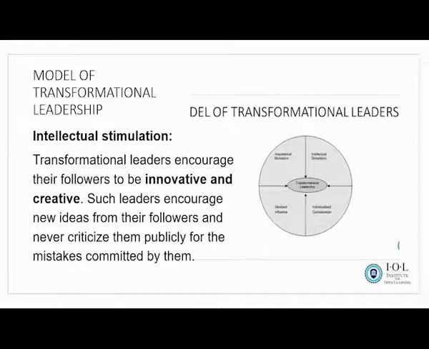The next characteristic of transformational leadership that we can look at is intellectual stimulation. Transformational leaders encourage their followers to be innovative and creative. So in other words, we have talked about staff members challenging themselves to do their best.